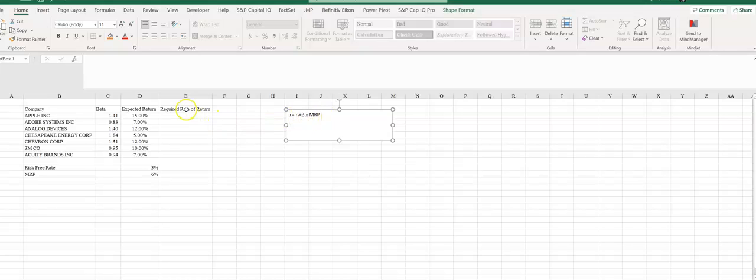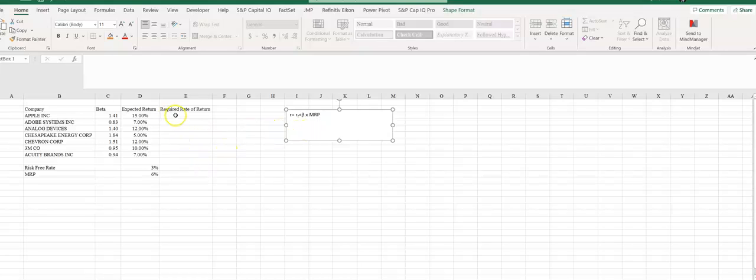So if the required rate of return, which is the bare minimum return that we should earn to get compensated for the risk that we are taking, is smaller than the expected return, we should invest in this asset. If the expected return is not high enough to cover our required rate of return, then we should skip investment.